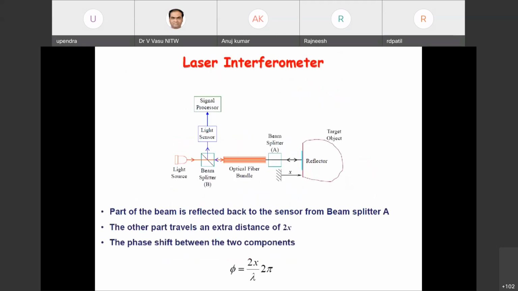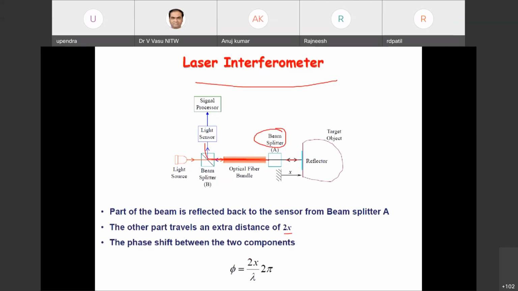Similarly, we can also use the laser interferometer. What we will do is, the deflection object is going to be there, and we will have a beam splitter. The laser will be split here. Some portion of the laser will go inside and some portion will go back. One beam comes to this portion and goes back, whereas the other laser goes and comes back; the distance is going to be 2.